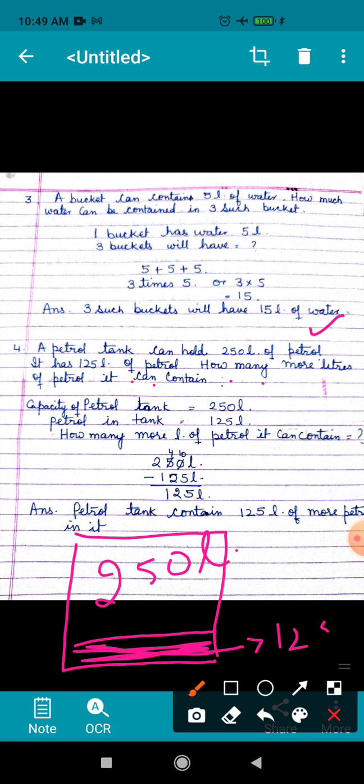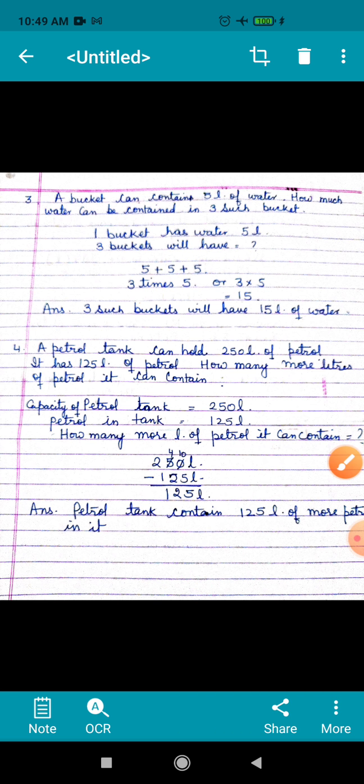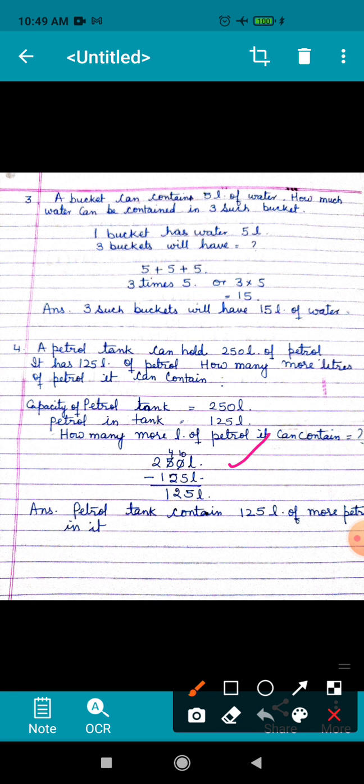How many more liters of petrol can it contain? It means in the beginning it has 125 liter of petrol and its capacity is 250 liter. How many more liters can you fill in this container? What will you do? You will subtract 125 from 250. That I have done here.